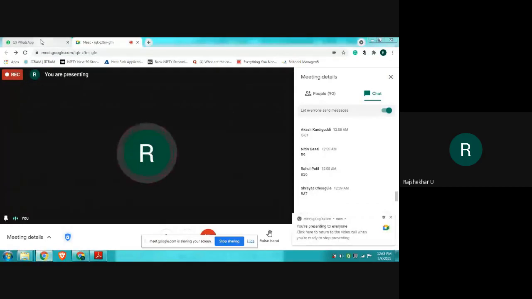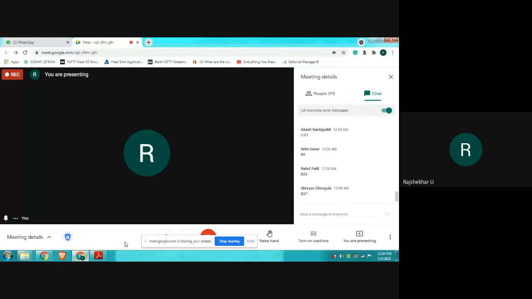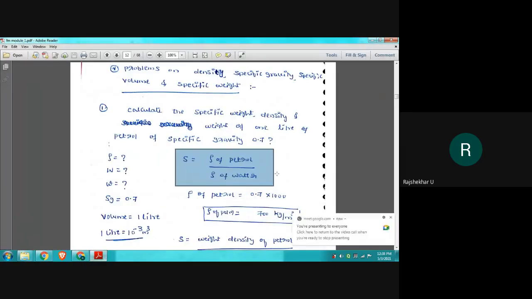The given liquid is petrol and the standard liquid is water. As per this definition, what parameter is given? Specific gravity S is given. Here it is written as SG, or it can be written just S. So the S value is 0.7.